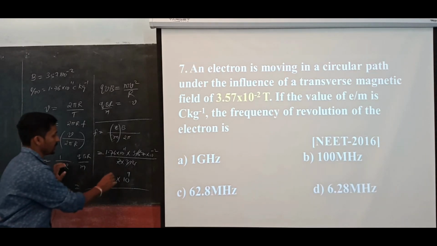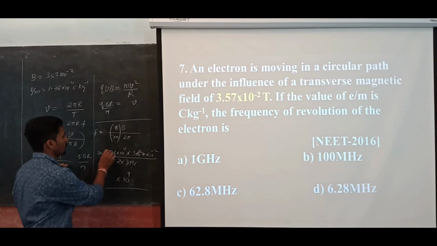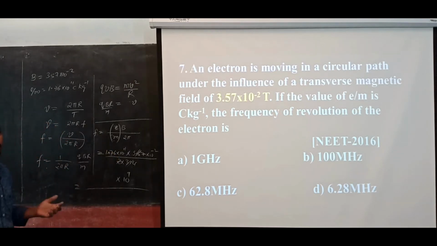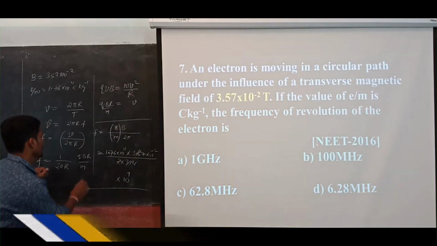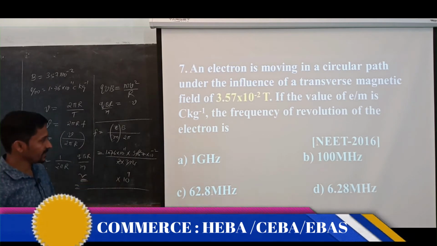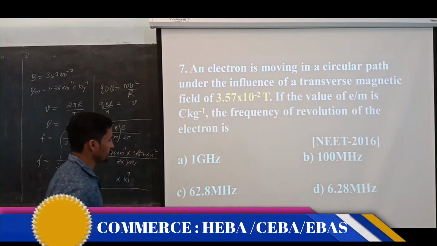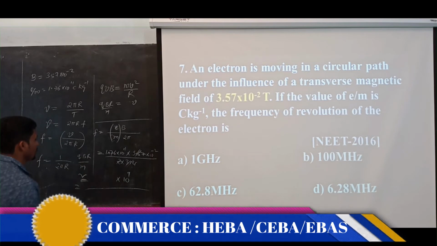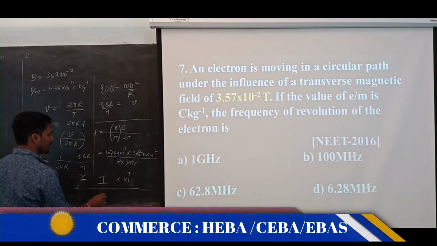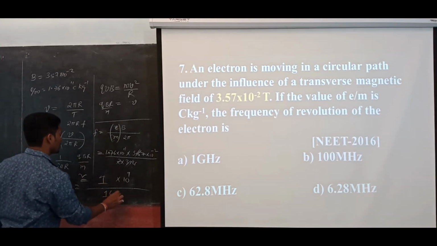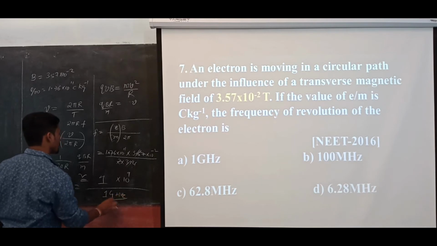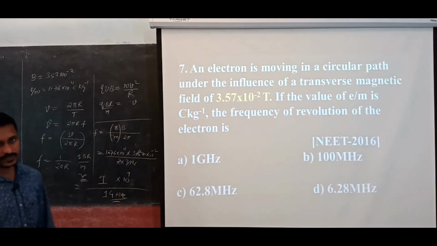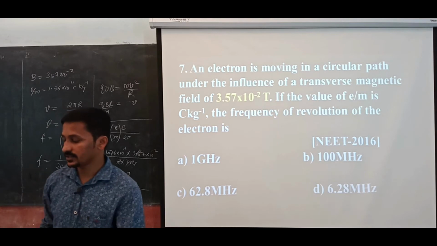Divided by 2, 1.76 divided by 2 is nearly 0.88, which is nearly 1, 10 to the power 9 means giga, gigahertz. Nearly 1 you are going to get, and that is the answer to the question.